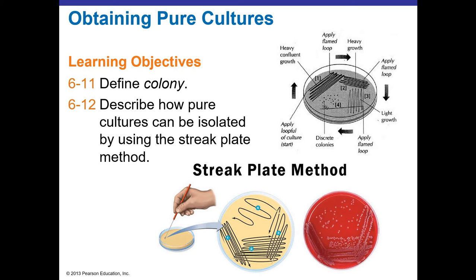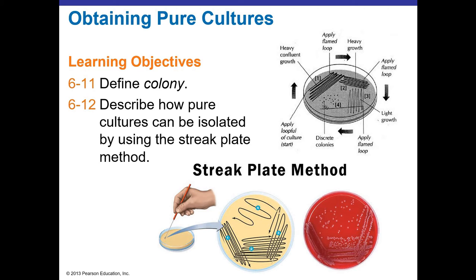From our microbial safari, we saw that a colony is a visible mass of bacteria where all of those cells came from one progenitor cell. So that way, everything within that colony is a clone of the original one. They're all the same. So in that way, we can transfer that to grow a pure culture, and that can be used for further testing and identification.